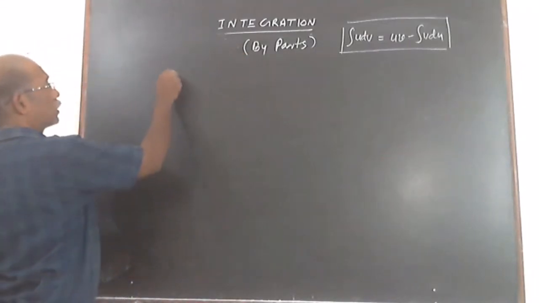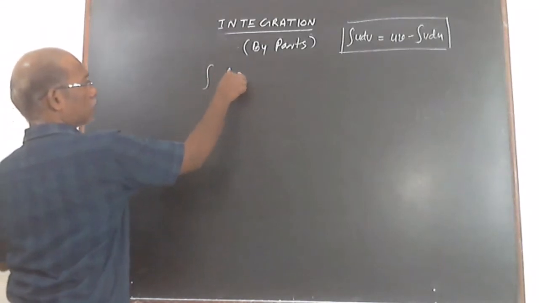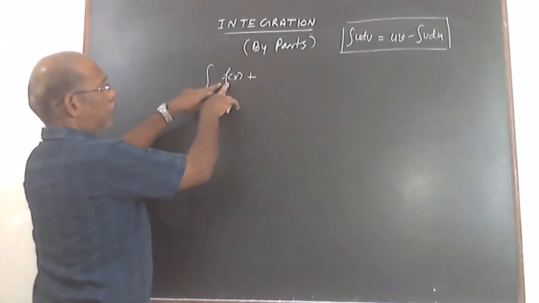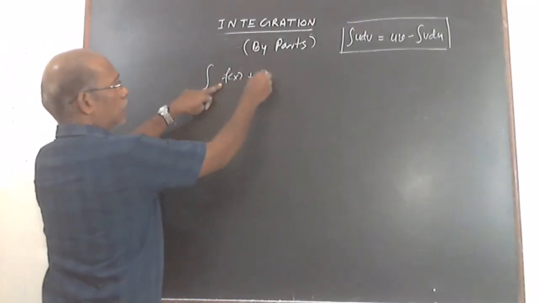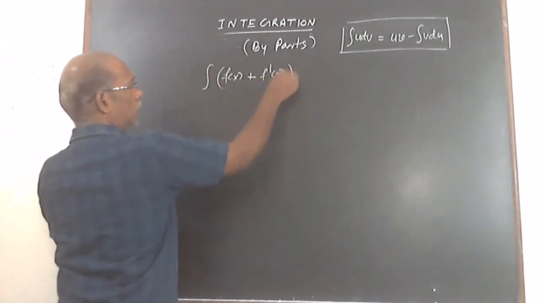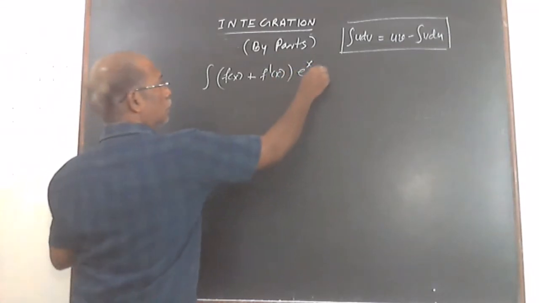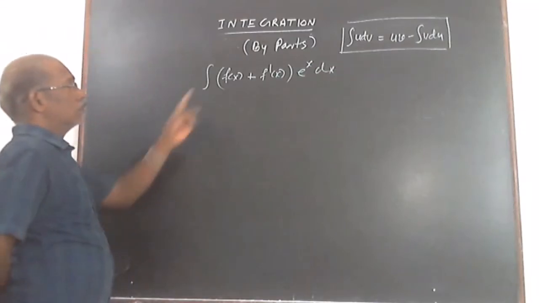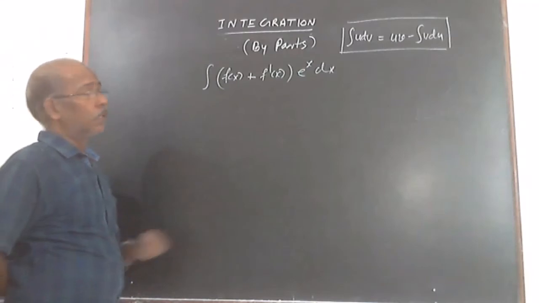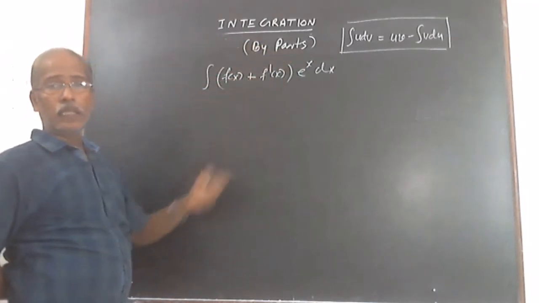If you come across the integral of f of x plus f dash of x, the whole combination multiplied by e power x dx, how to get the integrated value?